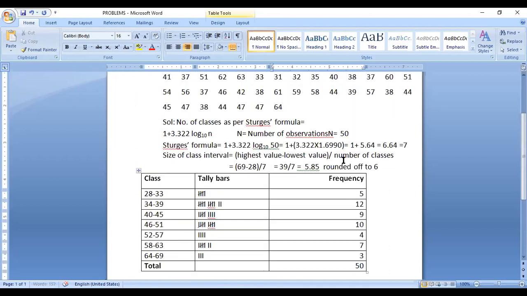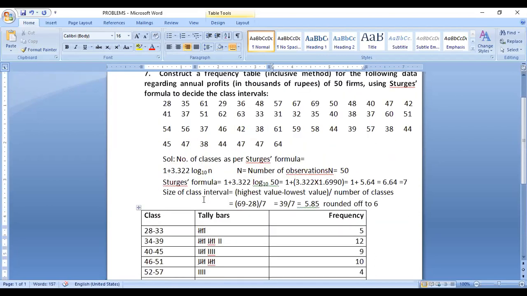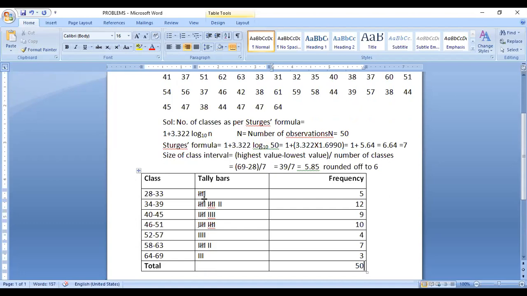So this is how you are going to take the help of the Sturges formula. With the help of the Sturges formula, you can fix the number of classes.